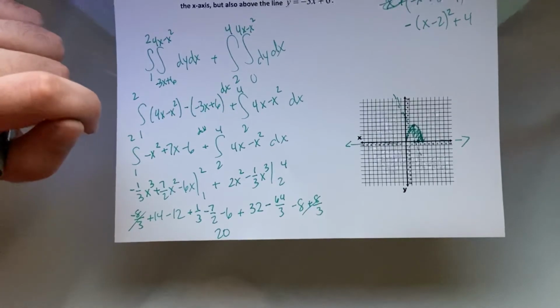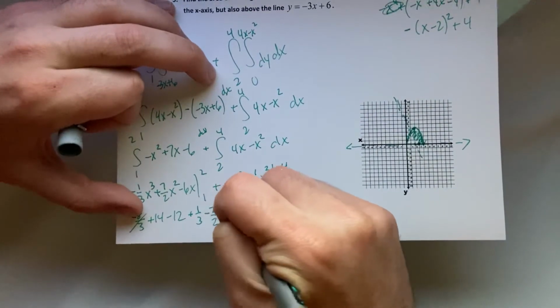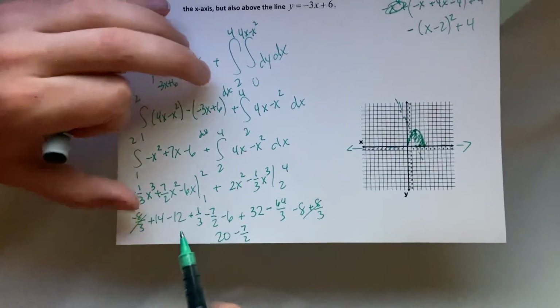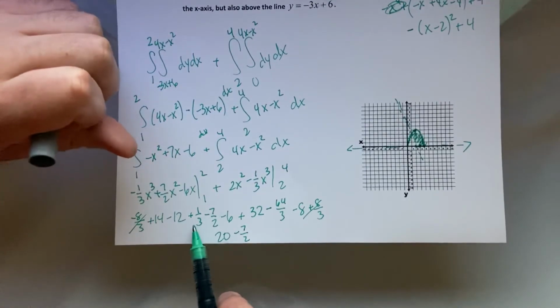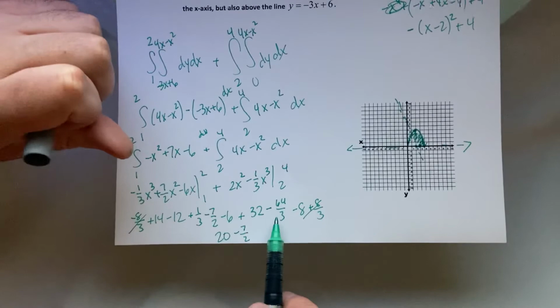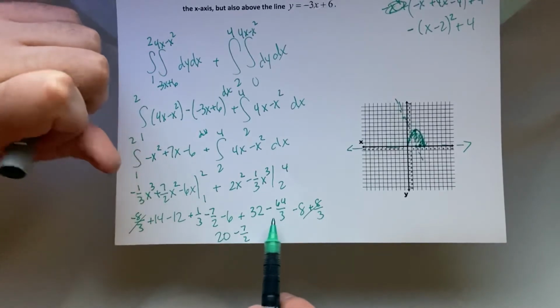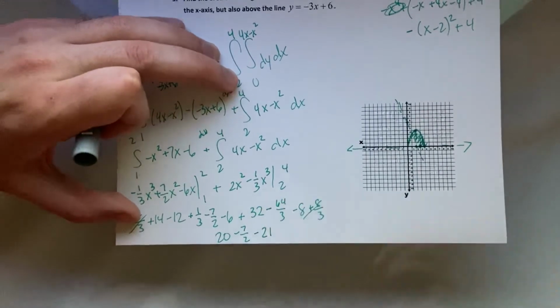See, did I miss anything? We also have the 7/2, we'll just bring that down. What about thirds? We've got 1/3 minus 64/3, which is negative 63/3. Negative 63/3 should be minus 21.